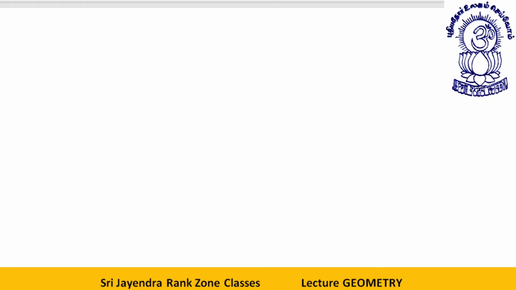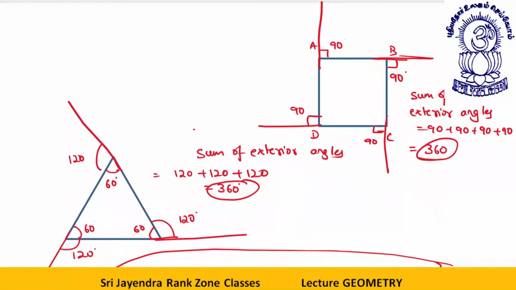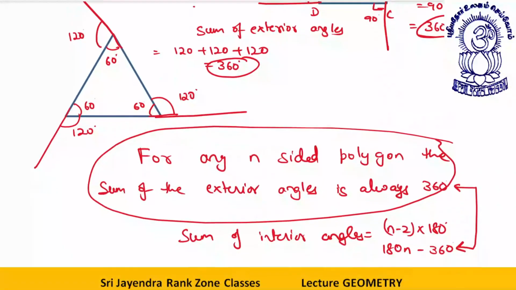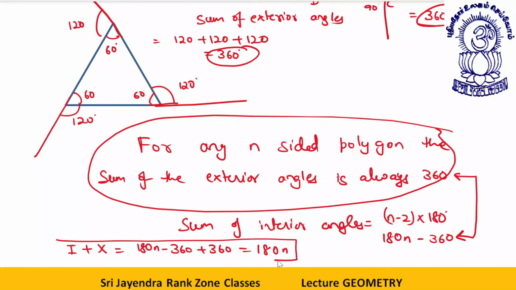I will explain this in a short while. Interior plus exterior will give me what? 180n minus 360 plus 360, that will give you 180n. You need not memorize this because this is an obvious thing. I have just proved it. Okay, this part clear? Done.